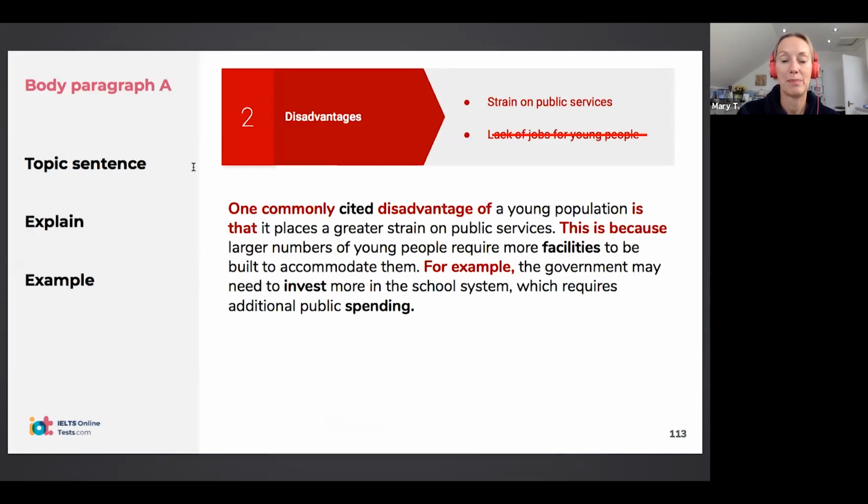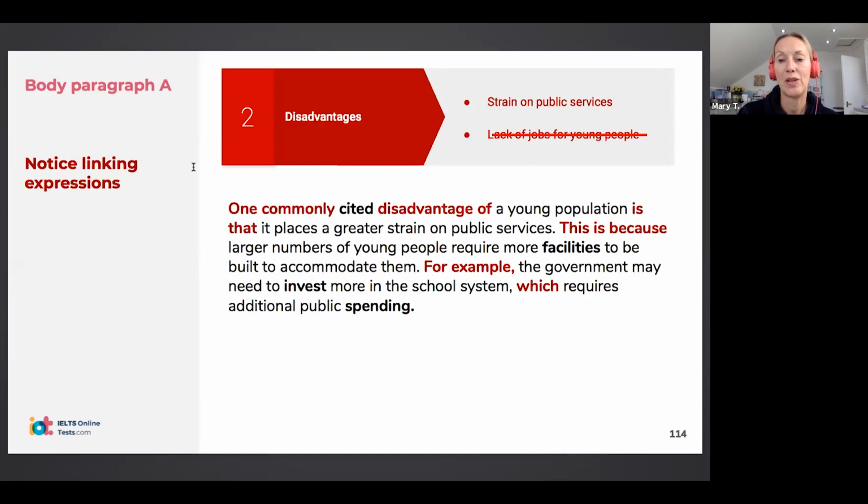Normally we'd say public spending. Okay, so just notice the linking expressions there. So one commonly cited disadvantage of is that, this is because, for example, and which.